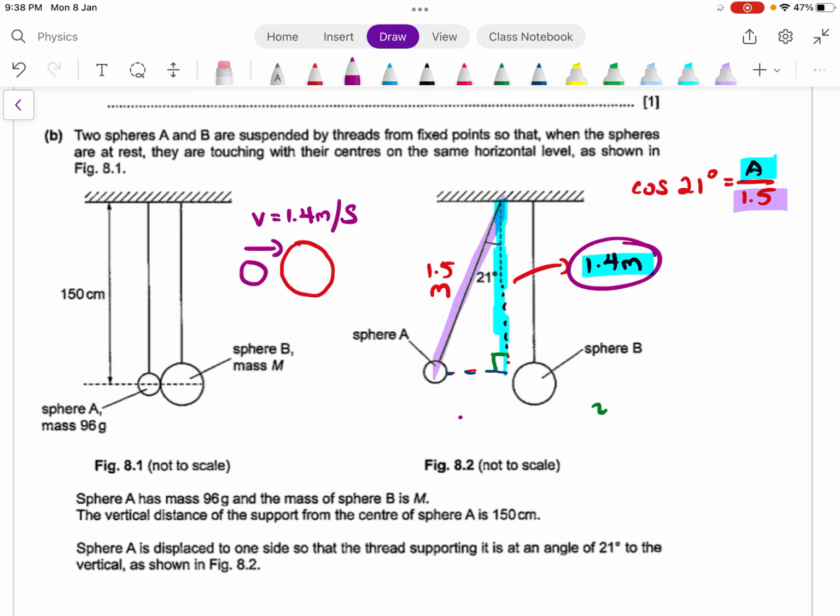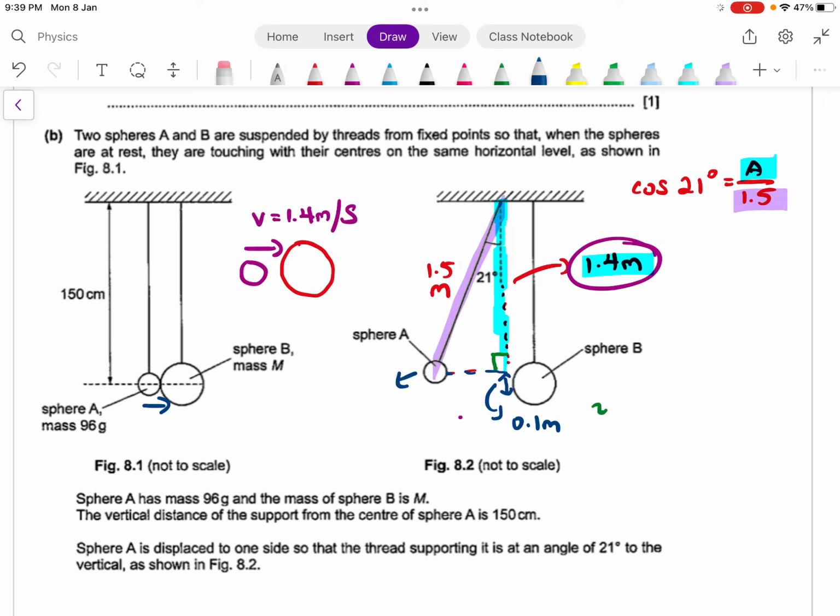Now let's say I release sphere A. Before it hits sphere B, it will have a speed which I want to calculate. So I need to determine the height that I raised sphere A. The height is 0.1 metres.